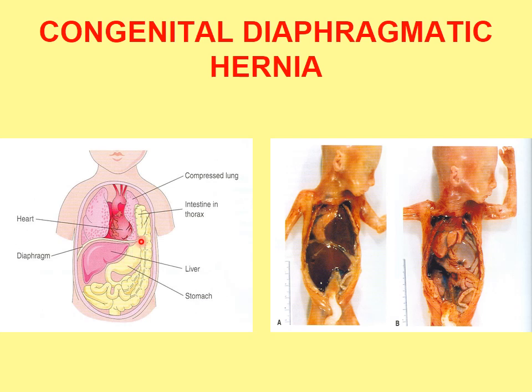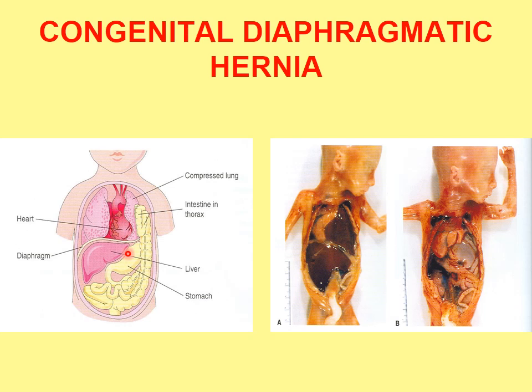So that's how you can see there is herniation of the abdominal viscera, which can enter from the abdomen into the thoracic cavity. This can be the stomach, the large intestine, spleen, or part of the liver.